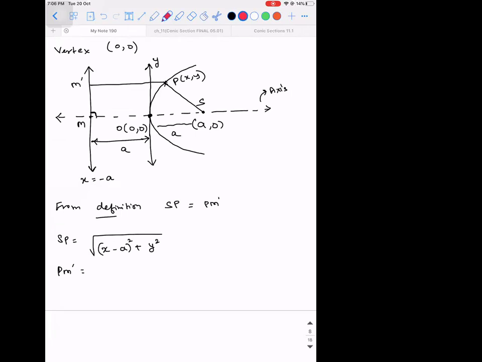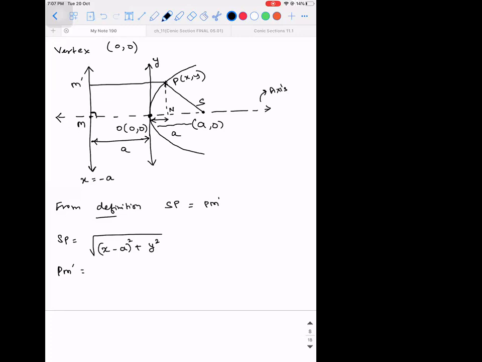Observe what I'm going to do. There are two ways to find PM dash. That is the distance between the point and the line, you can use that concept. Or I'm dropping a perpendicular. If I drop a perpendicular, how much is this distance, guys? What is the distance ON?